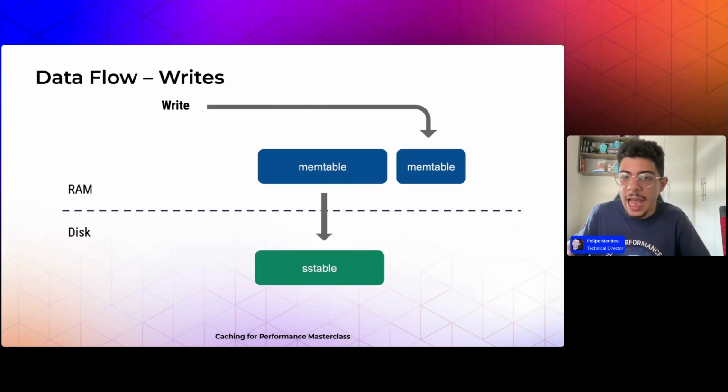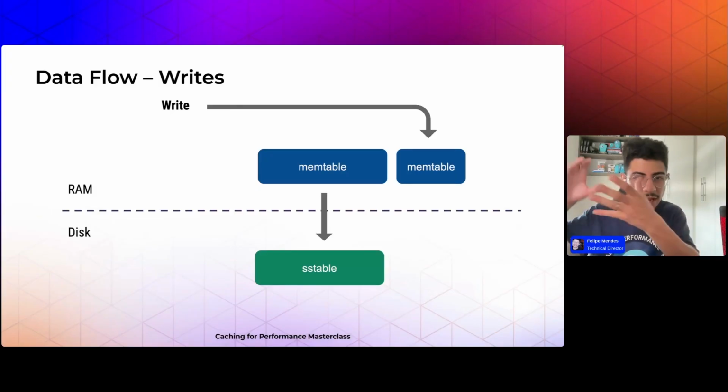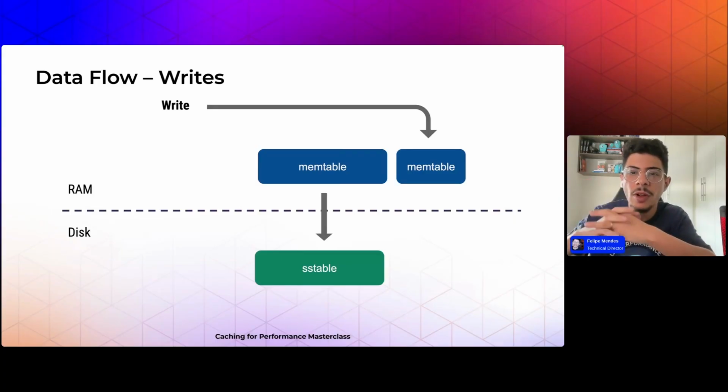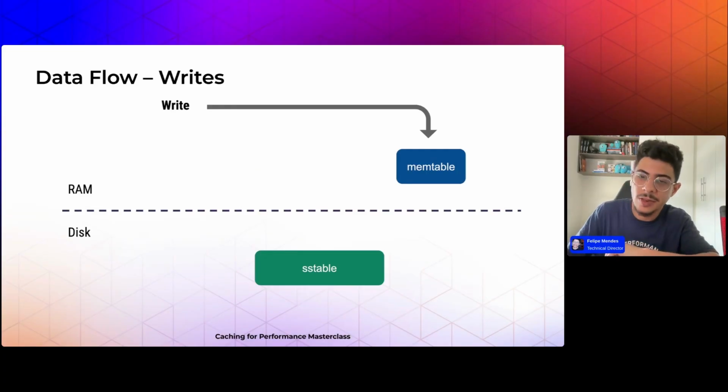Either way, as you keep writing to the database, eventually your memtable, that in-memory data structure I just spoke about, will get full, and we need to flush its contents to disk. And as part of this flush, this results in an SSTable. Newer writes will then go to a different memtable, and this process will repeat over and over again over time. All right?